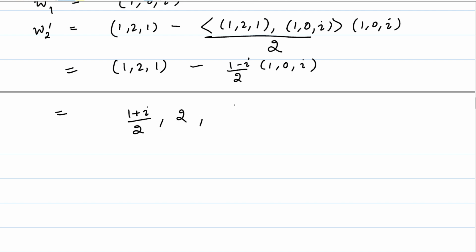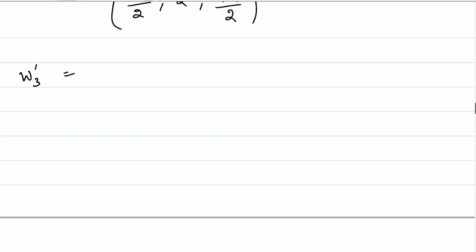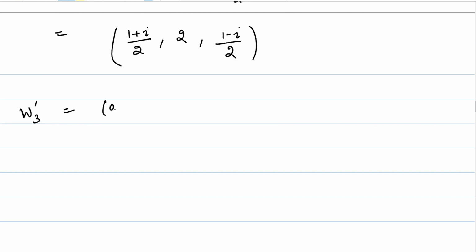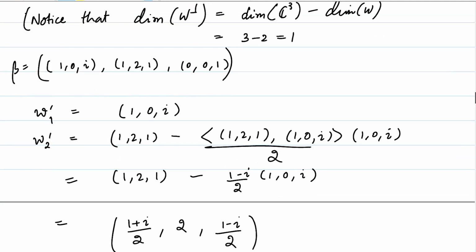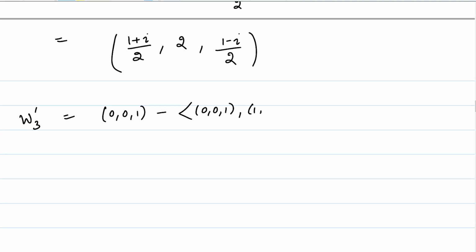And how about the last one? (1 minus i)/2 times i. So this is just going to be equal to 2 minus 1 minus 1, which is going to be (1 minus i)/2. We should check that this is indeed correct. And what about W3 prime? W3 prime is what we are interested in. W3 prime will just be equal to (0, 0, 1) minus the inner product of (0, 0, 1) with (1, 0, i) by 2 times (1, 0, i).